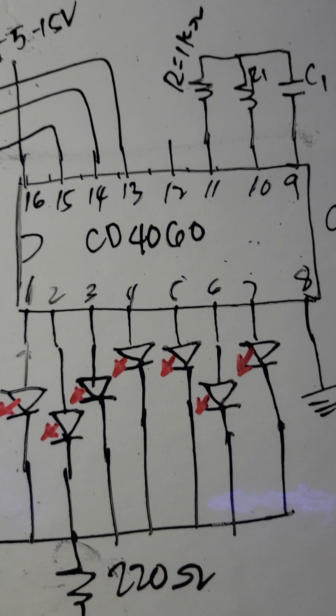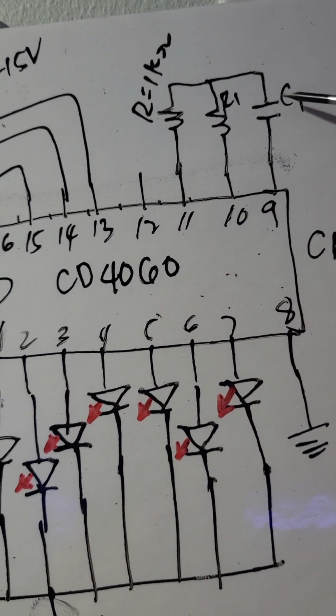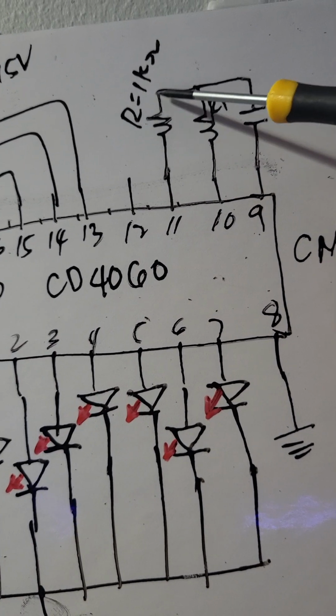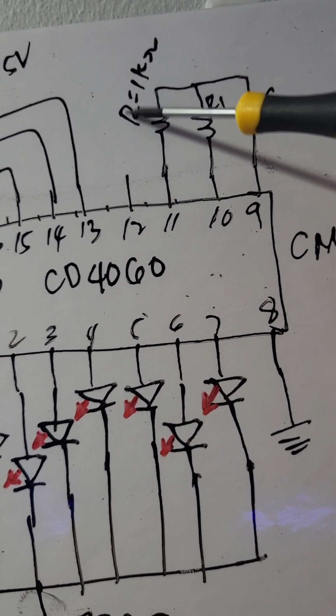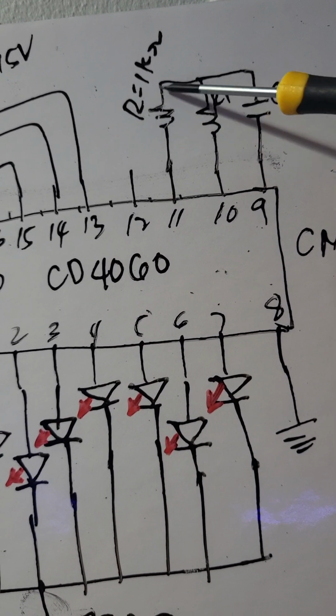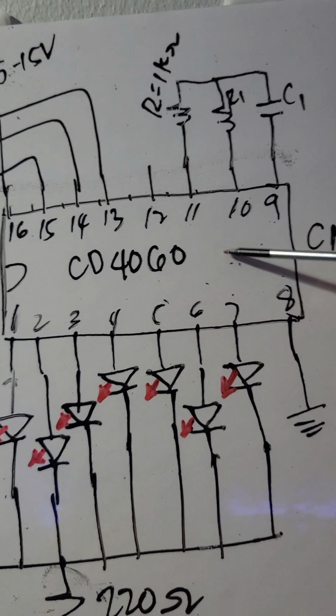Now, we connect R1 and C1. This other resistor, R equals 1 kilo ohm, doesn't contribute to the control of the frequency of the oscillator inside.